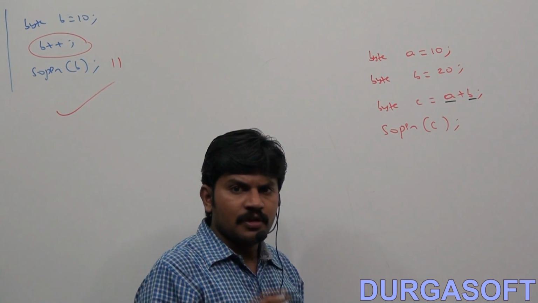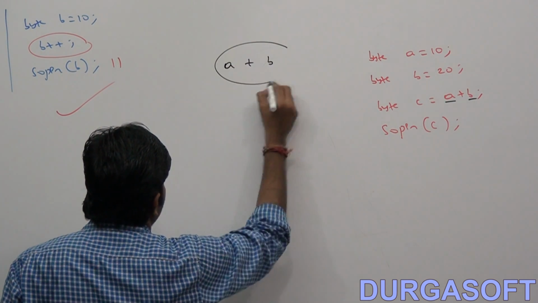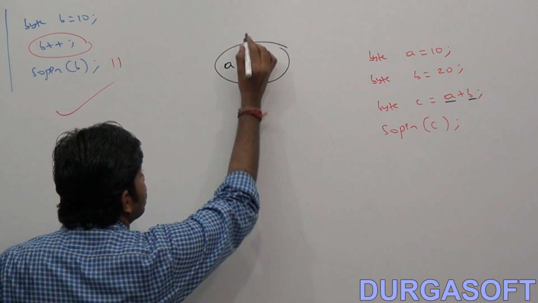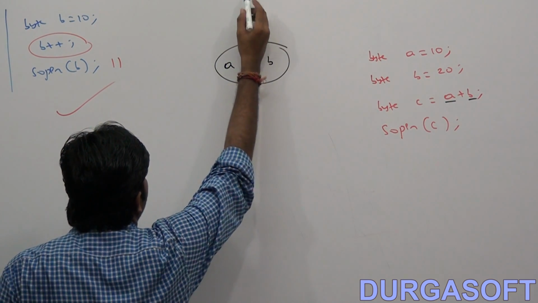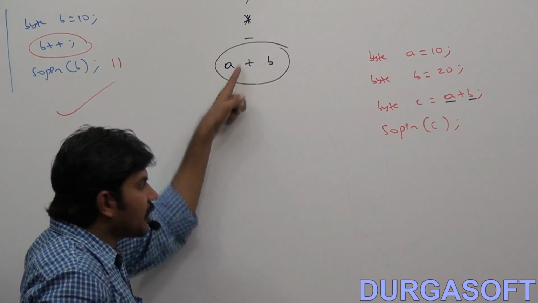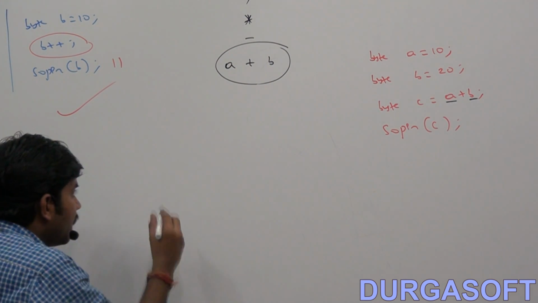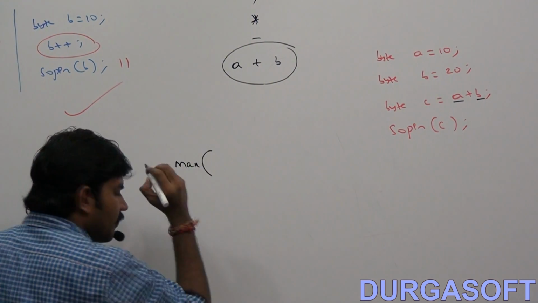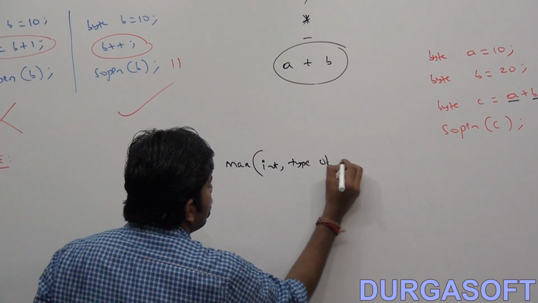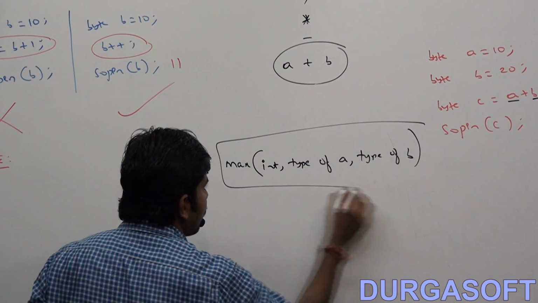If we apply any arithmetic operator between two variables A and B, need not be plus, it can be minus, multiplication, division, modulo, the result type is always max of int, type of A, type of B. Are you getting the result?